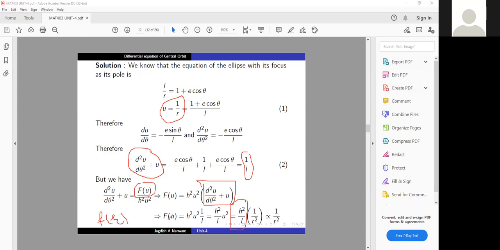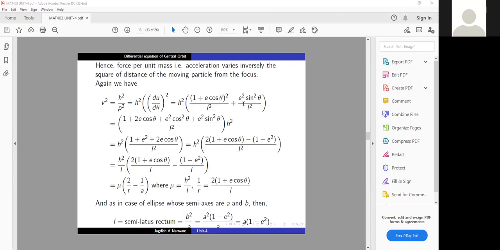So what we have seen is f of u, or f of r, is proportional to 1 by r square. So now we determine force per unit mass. Acceleration varies inversely as the square of the distance of the moving particle from the focus.